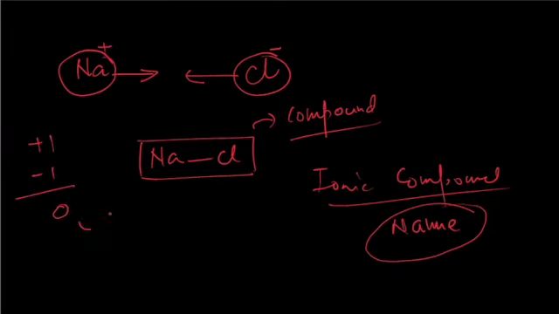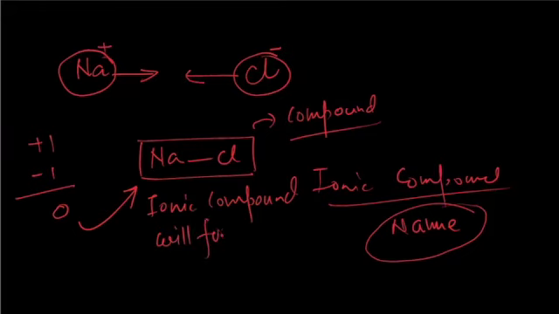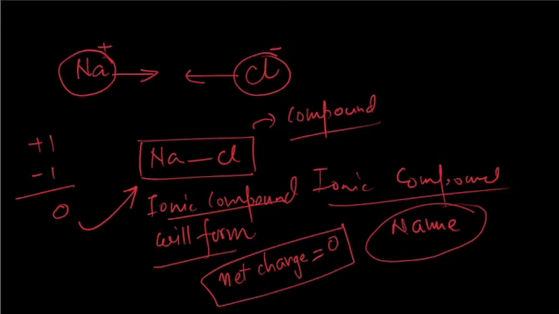Okay. So whenever an ionic compound forms, basically the net charge has to be 0. Okay, that's our idea number 1, or rule number 1. The net charge must be 0.